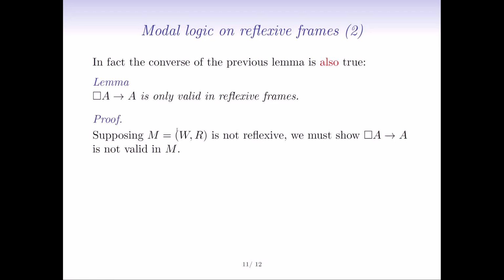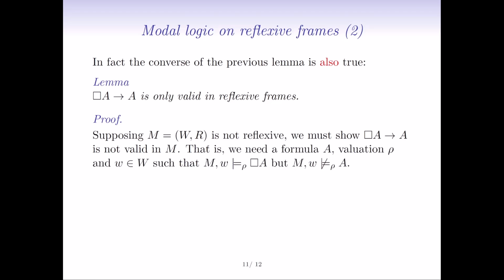So let's take a frame W and R, and call it M, and suppose that frame is not reflexive. Then we're going to show that this formula box A implies A is not valid in that frame. To show that something is not valid in the frame, well, it's supposed to be true for all formulas A, so we're allowed to find a formula A, a valuation, and a world in the frame such that the implication becomes false at that world w.